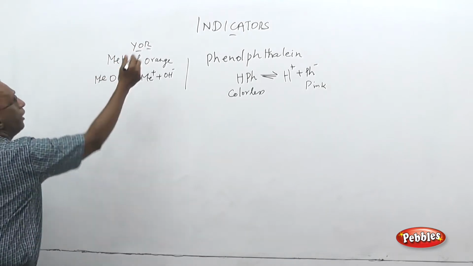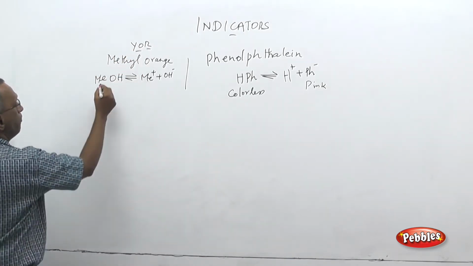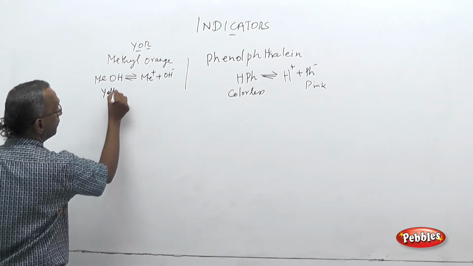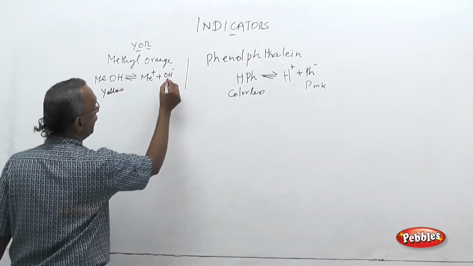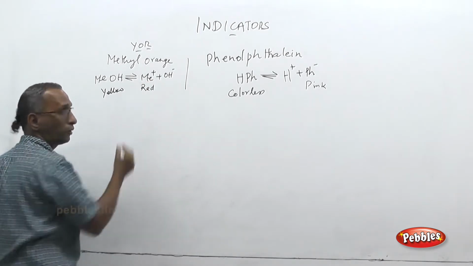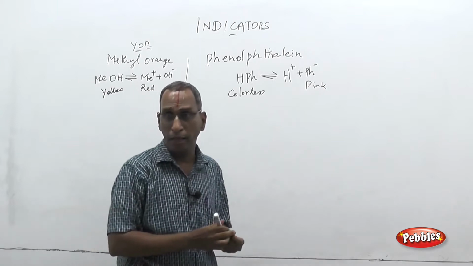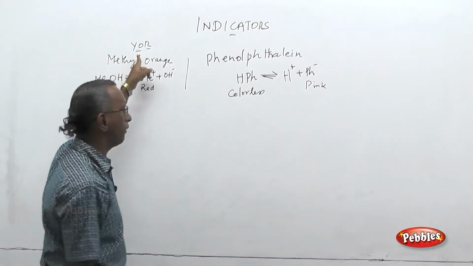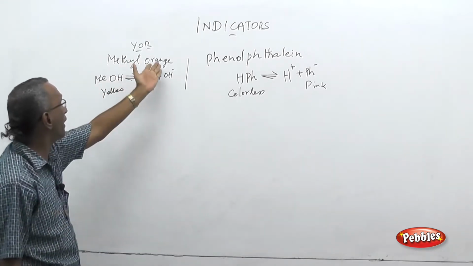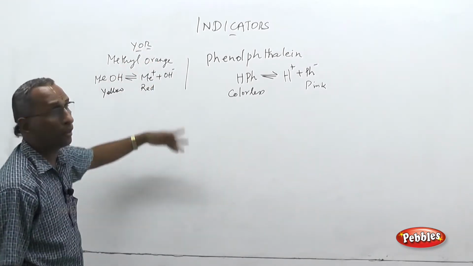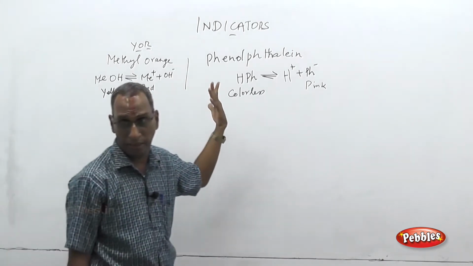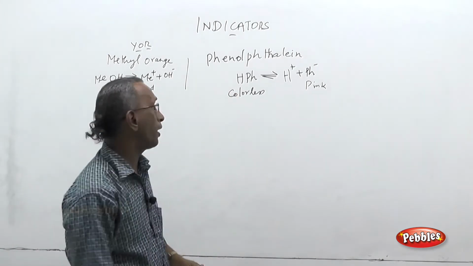Actually, methyl orange undissociated form is yellow in color. After dissociation, the cation is red in color. It is named after the color; there is another indicator called methyl red, so to distinguish it, this one is called methyl orange.